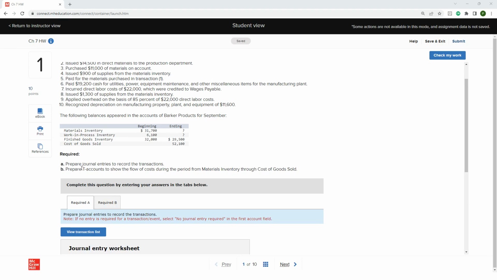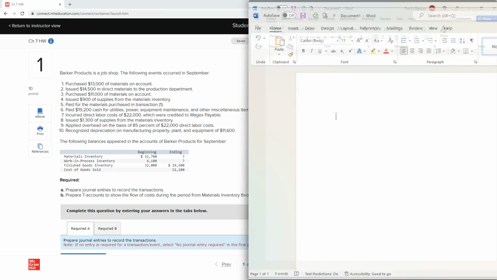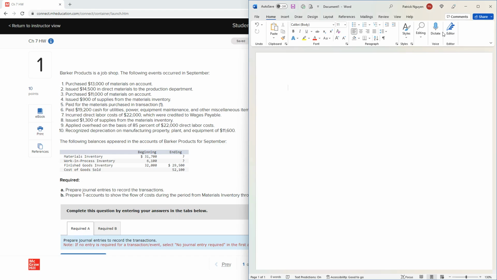One other thing before we begin, this chapter introduces 2 new types of accounts. There's the manufacturing overhead control account and applied manufacturing overhead. The control account has a natural debit balance. That means that when you have your T accounts, most of your entries are going to be on the debit side.